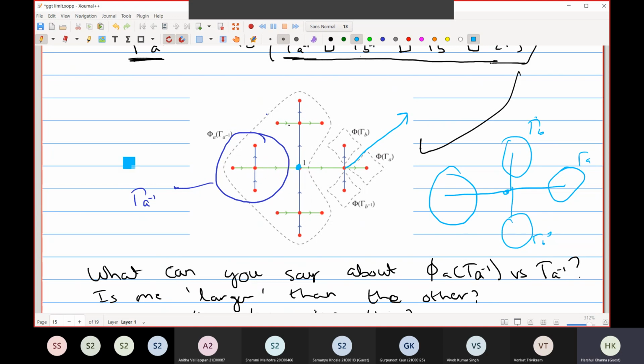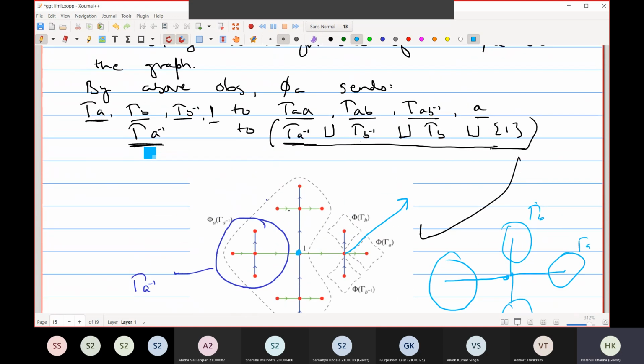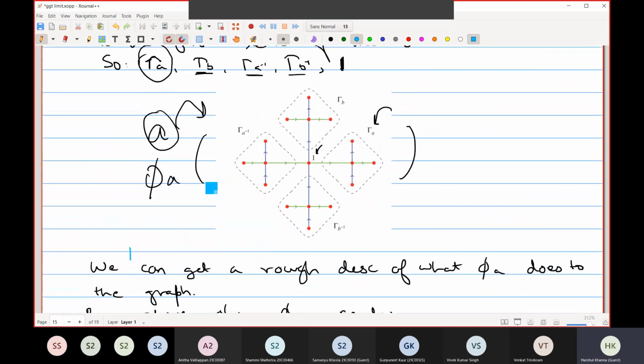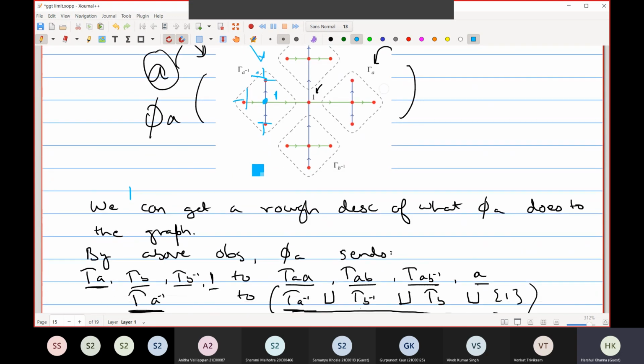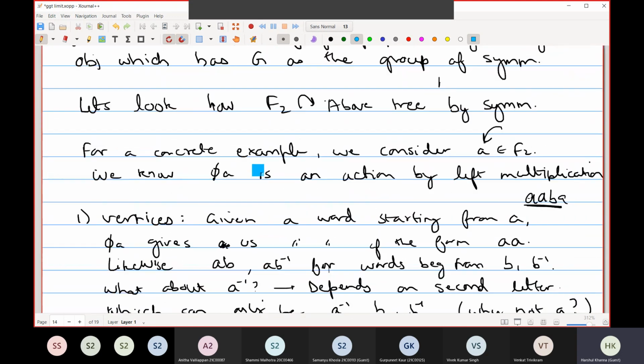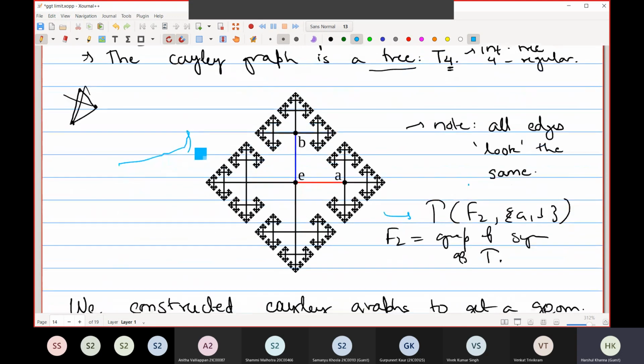And similarly, in your TA inverse, this is the pre-image of your identity element, and you have three vertices coming out from here. So as trees, they are isomorphic. The distortion is just because of how we drew the diagram. So this was a diagram that we considered.